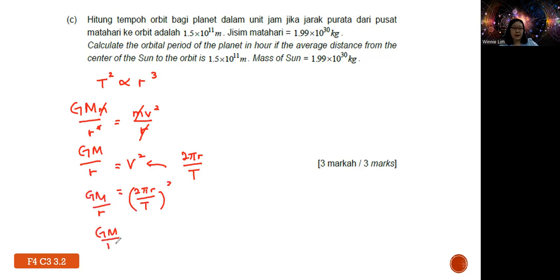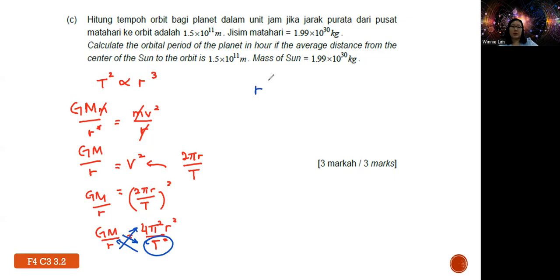Then you expand it. You will have 4 pi square r square over t square. Then this r you bring up, right? So that means it becomes cube later on, right? And then this T square I swap with the GM.